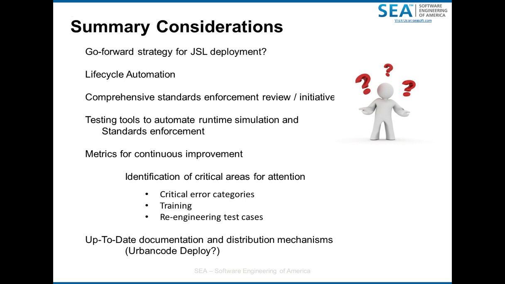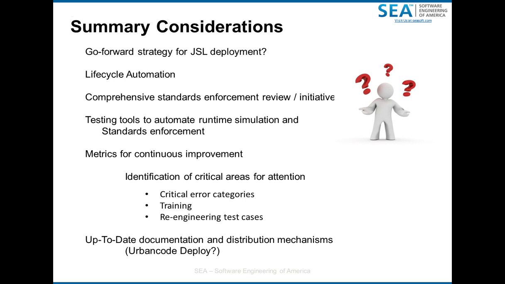So in summary, for this high-level discussion, before I get into some examples of the tool, when you're considering implementing JSL, you're going to want to certainly consider your strategy of how to go about doing it. Is it all new stuff only, or partial conversion, or what have you, right? So that's one thing.